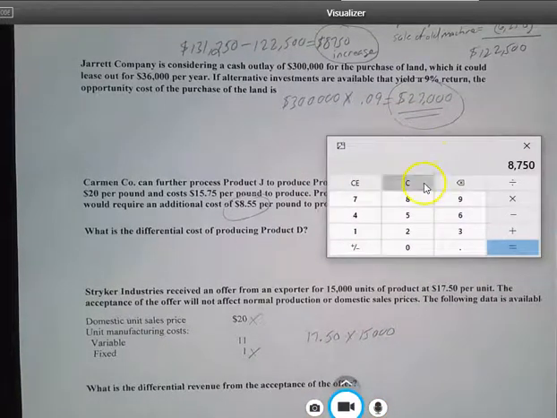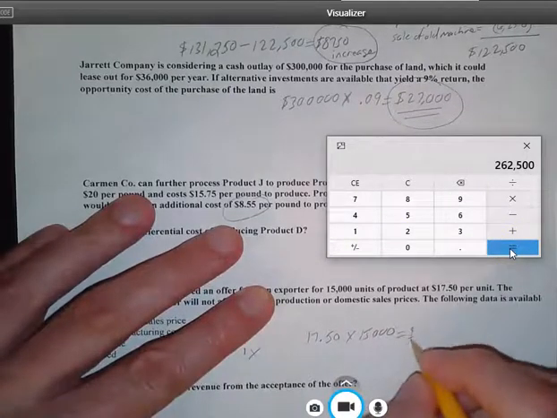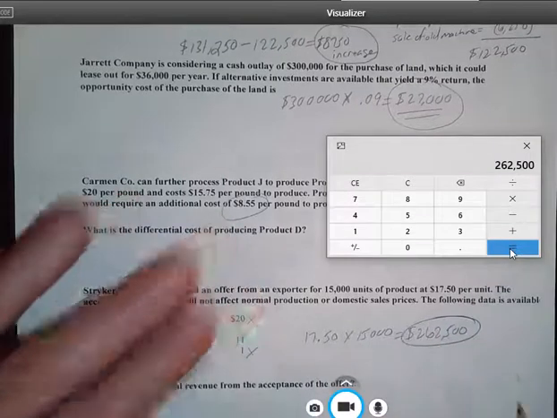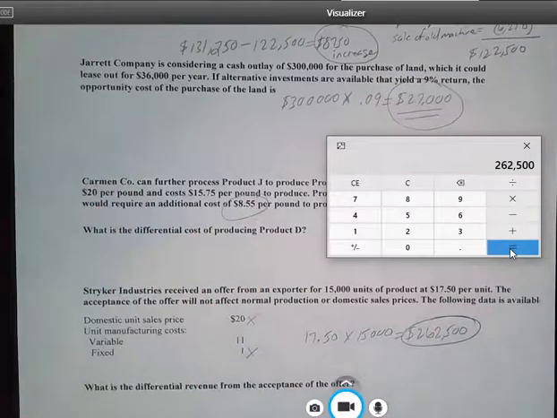So if we bring this over here, 17.50 times 15,000 equals 262,500. That's our answer.